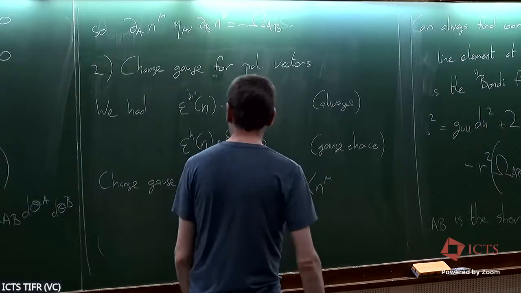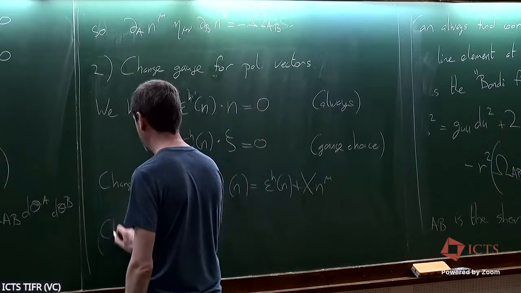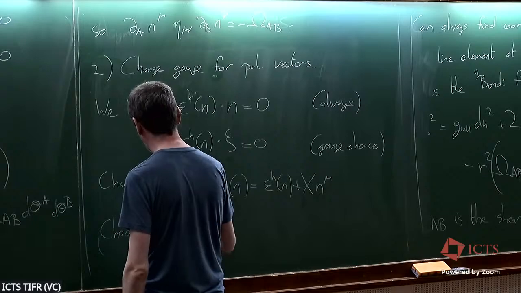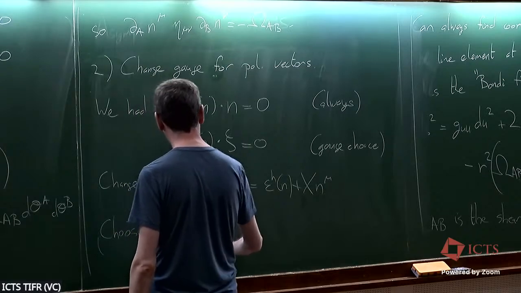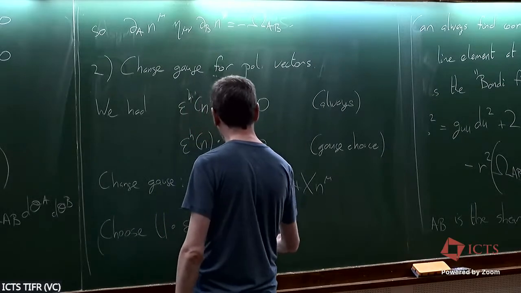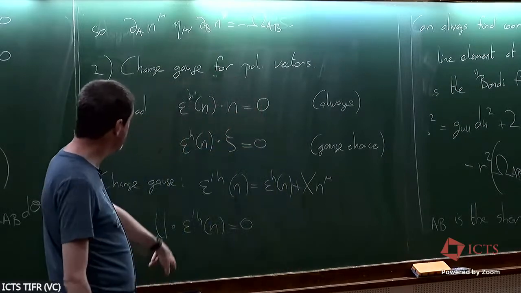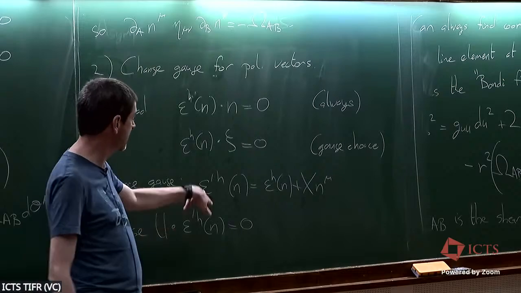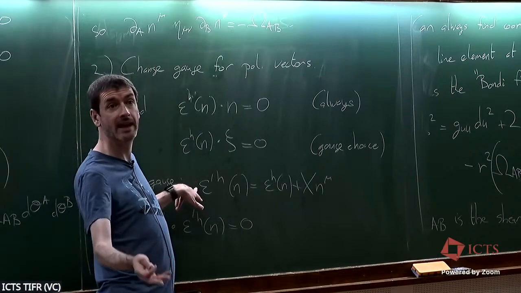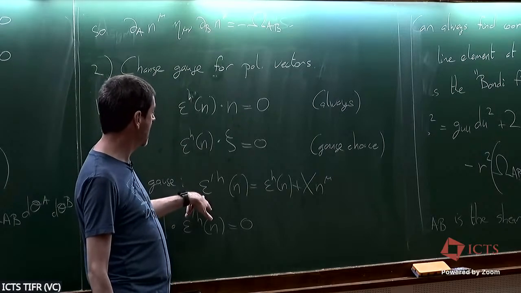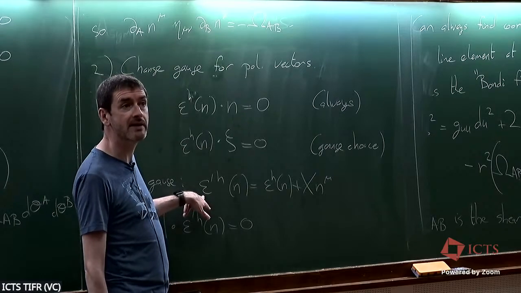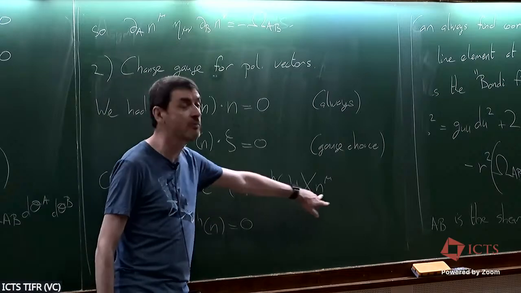Okay, so the gauge I'm going to pick is u dot epsilon prime_h equals 0. Now that's always possible because if we start out with a gauge where u dot epsilon is non-zero, well then I want u dot epsilon prime to be 0. So let me dot this equation by u.